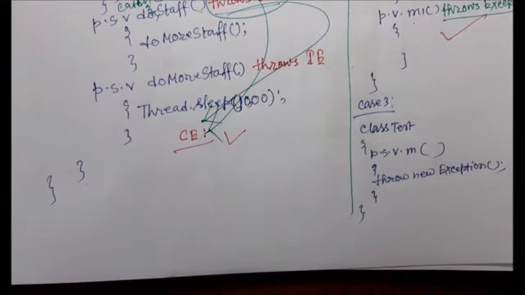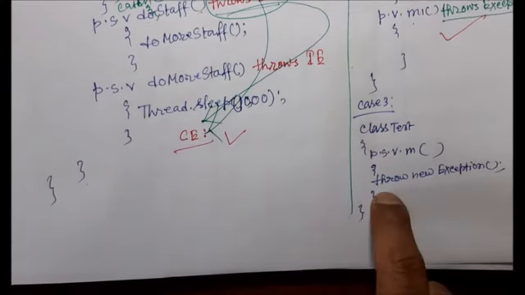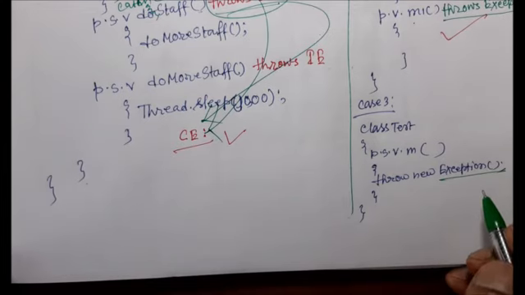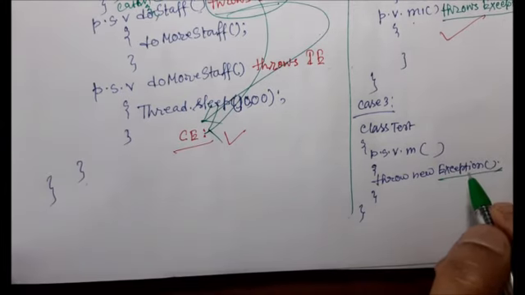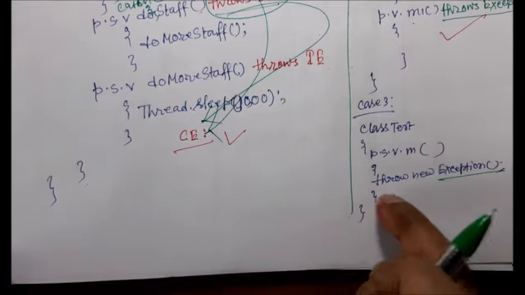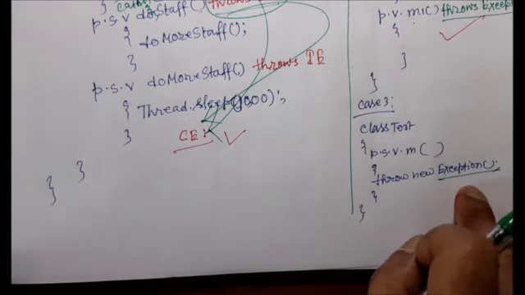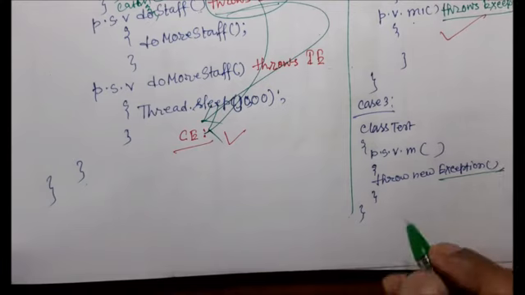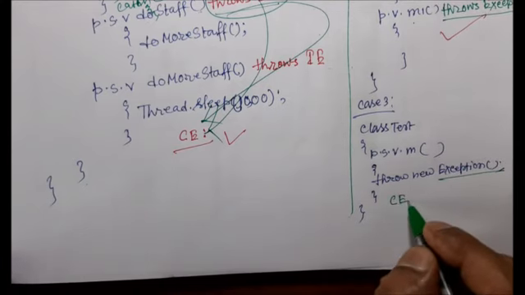What kind of exception is it? It is a checked exception. When we throw a checked exception, it must be caught either by the throws keyword or by try catch. But in this example I have not caught it here, so it's a compile time error.